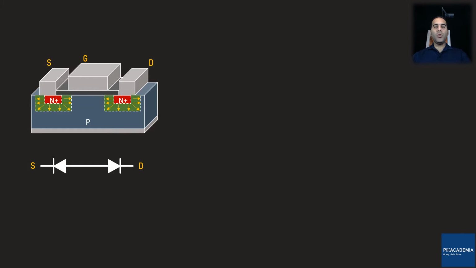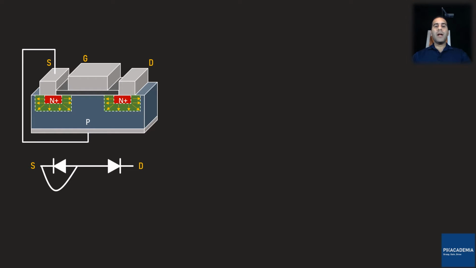So applying a voltage with whatever polarity does not cause any conductivity if the substrate is not connected to the source. But since we normally connect the substrate to the source, one of the diodes is short circuited, and therefore this MOSFET can be modeled with only a diode when unbiased.